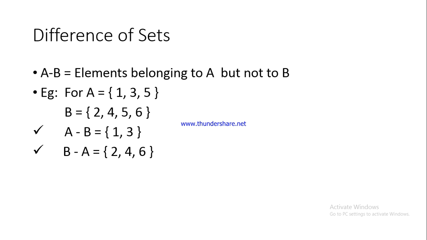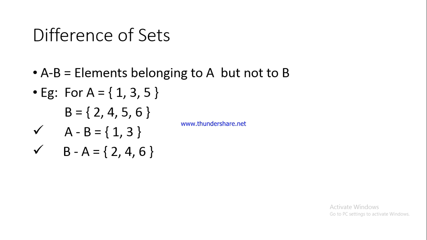Out of these 4 elements, 5 is also available in A. So B minus A, when we are calculating, we'll have to leave out 5. So 2, 4, 5, 6, this is what the value of B is, but we'll have to leave out 5 because it is also part of set A. So B minus A will be equal to 2, 4 and 6.